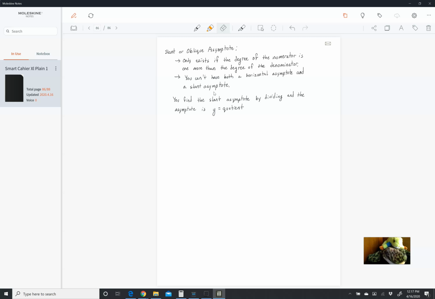So let's explain why this is true, okay? The dividend over the divisor is equal to the quotient plus the remainder over the divisor.